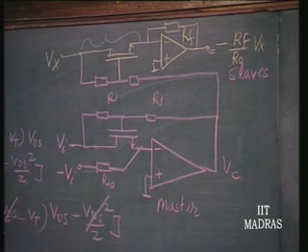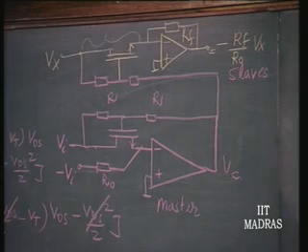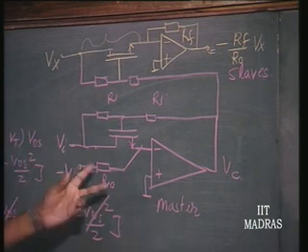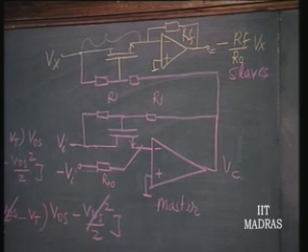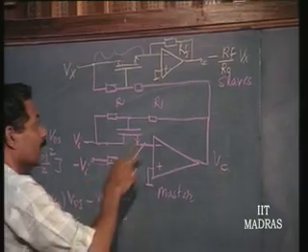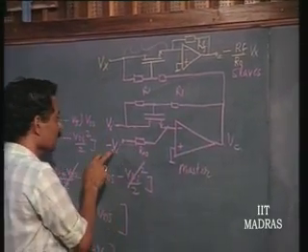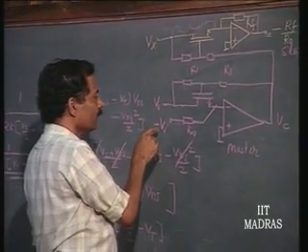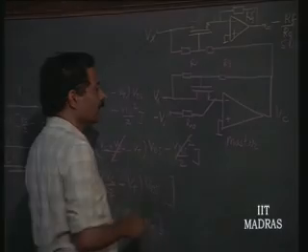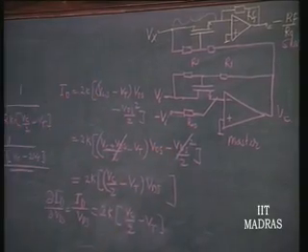And R naught itself is what? RDS, please remember. R naught itself is nothing but RDS. This has been made equal. So, let us see what this R naught is. This R naught is determined by the voltage Vi.